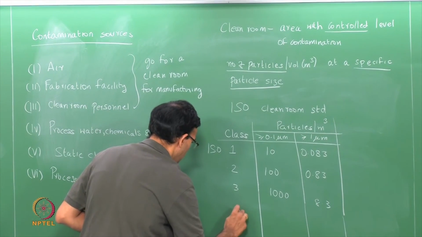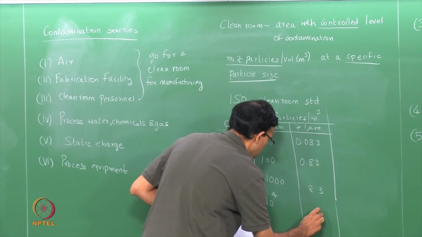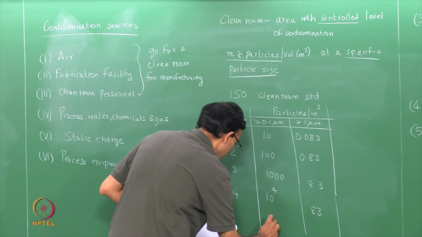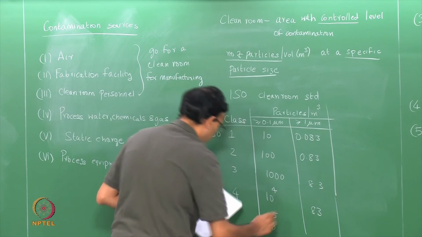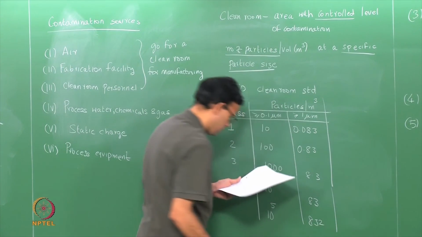A class 4 can have 10,000 or 83, and a class 5 is 10 to the 5.